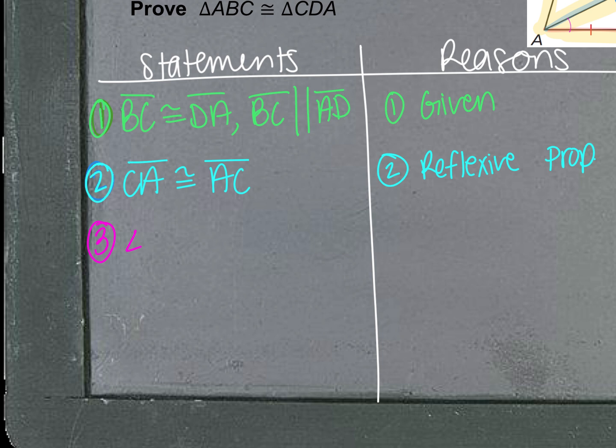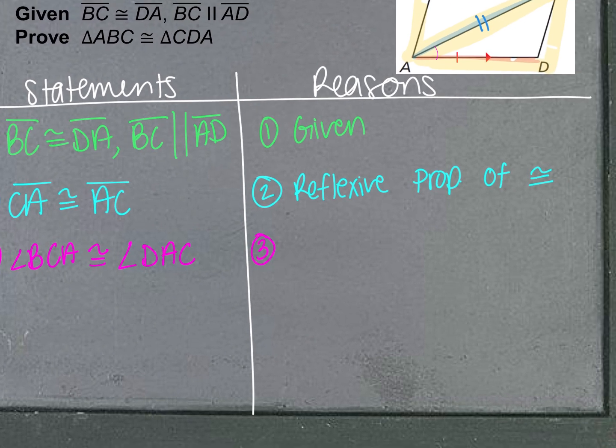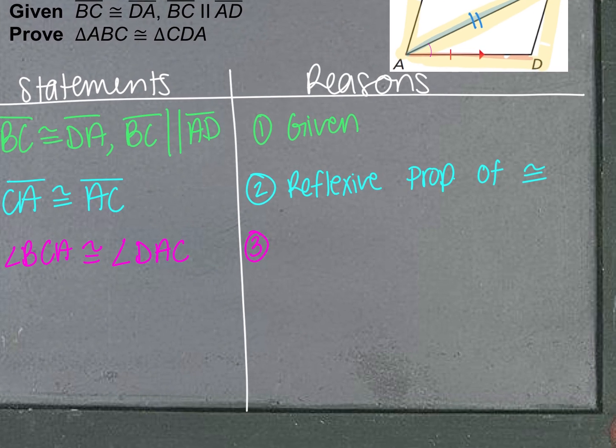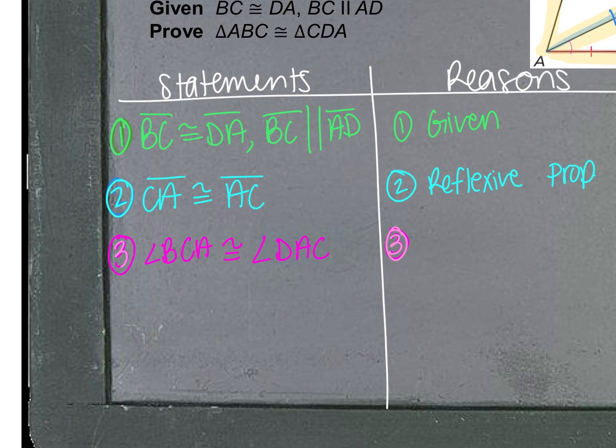BCA? BCA is congruent to angle DAC. So how do I know that those two angles are congruent? Let me write it so you can see it better. Angle BCA is congruent to angle DAC.